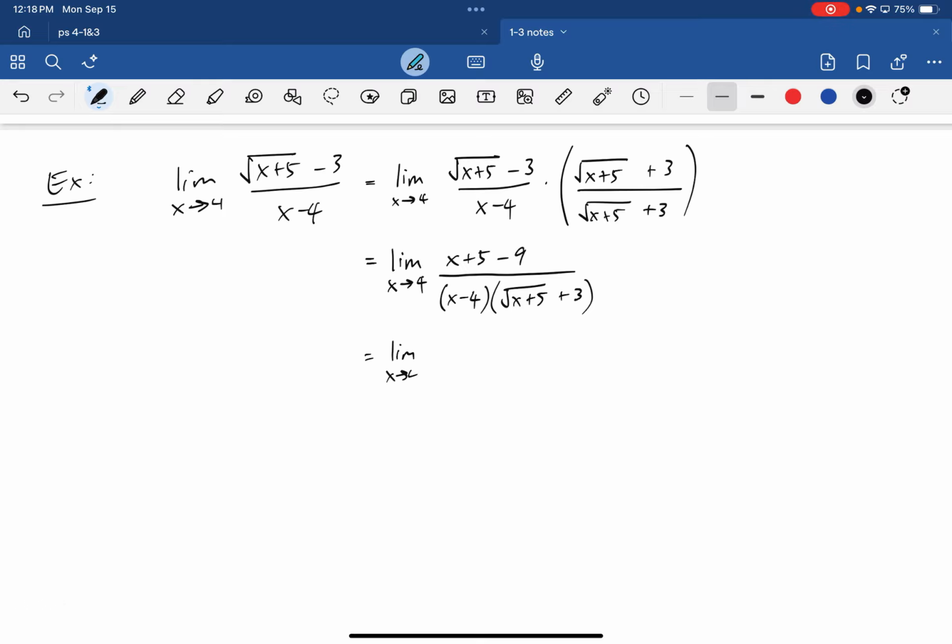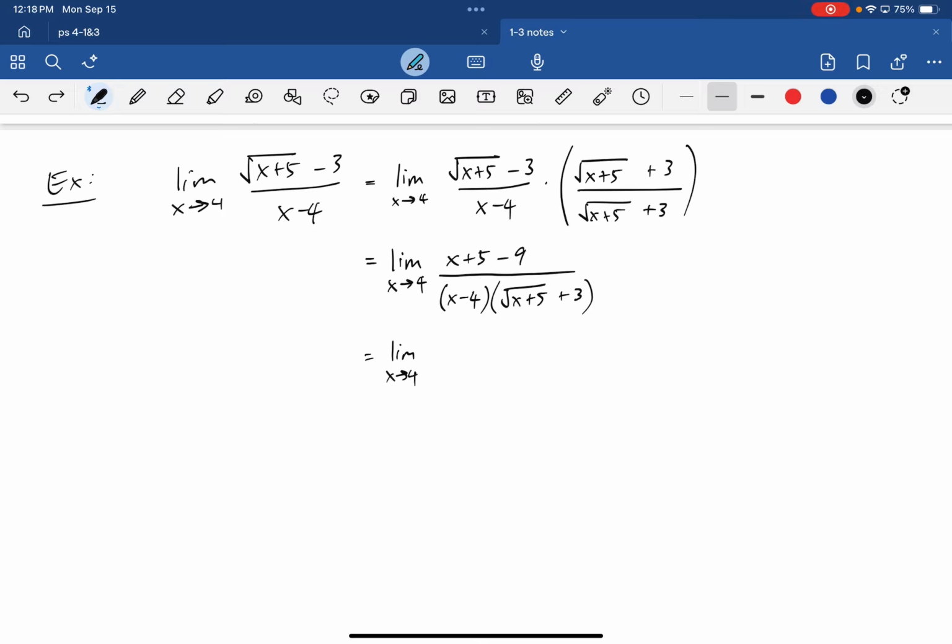Okay, any more questions about this step I made here? This is probably the most important step. Questions? Which step? The step here. We multiplied by the numerator, except with the sign flipped, and we multiplied both top and bottom by that. And then the numerator is just a difference of squares. That's how it becomes rationalized.